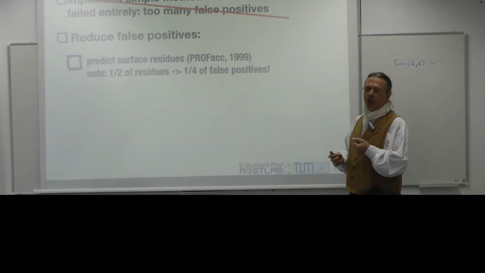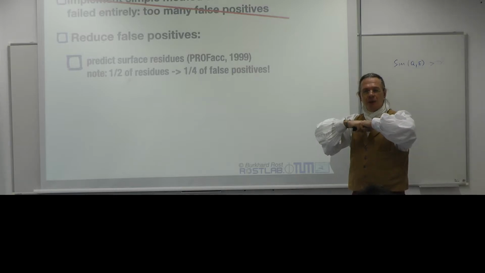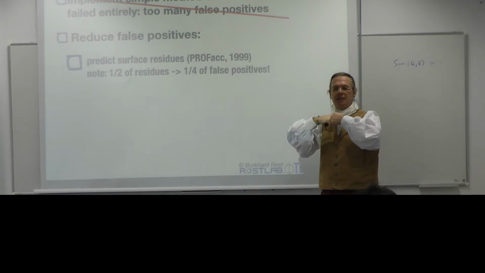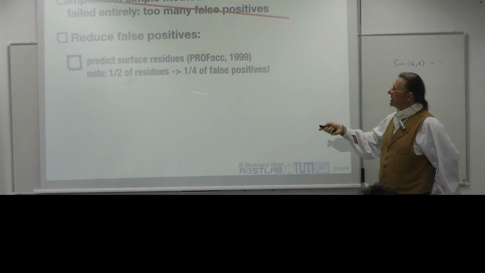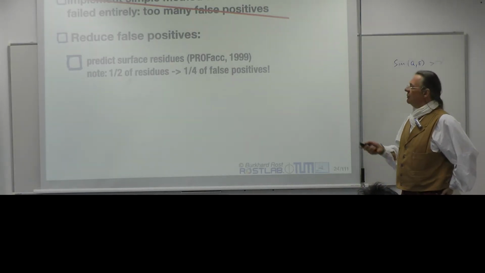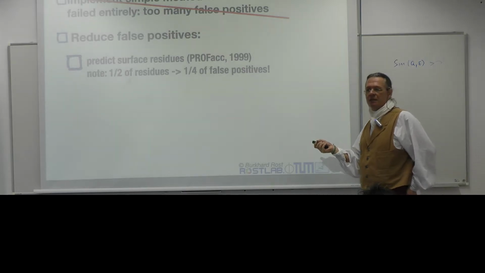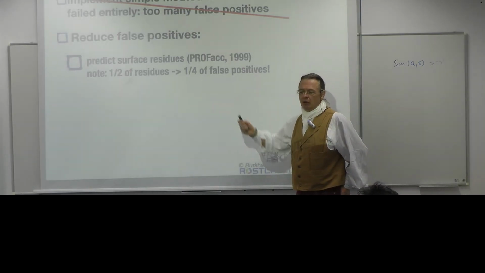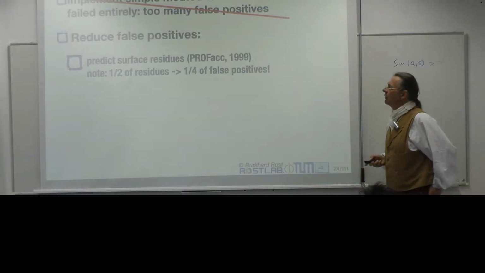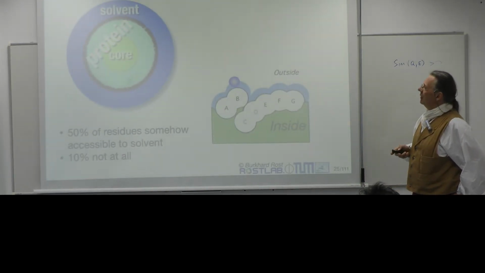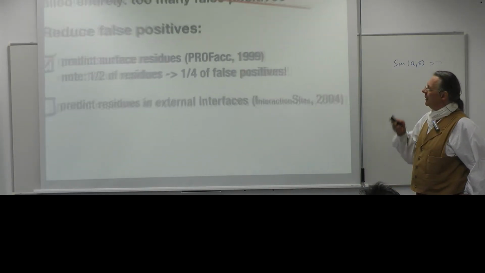So half on one protein, half on the other protein leaves 1/4 of the residues that possibly are exposed on both and therefore could interact, right? That means essentially you quarter the false positives by this simple step. Yes, you're going to throw out some things that are wrong, because you make mistakes in your prediction of what is surface, but most of what you throw away is correct to throw away. Now, I'm not going to go into that.